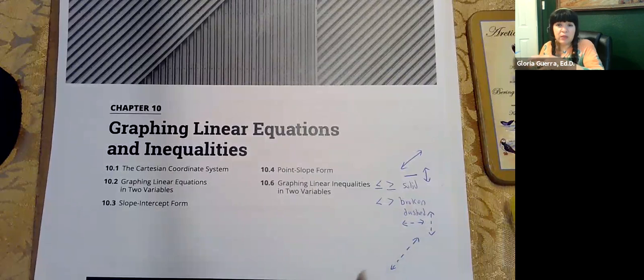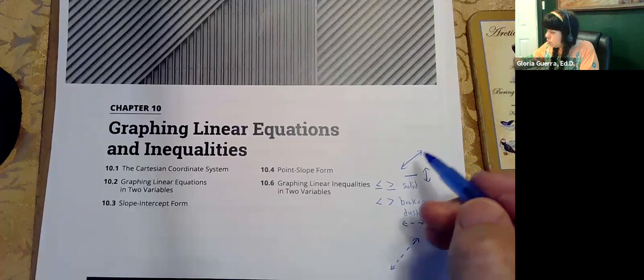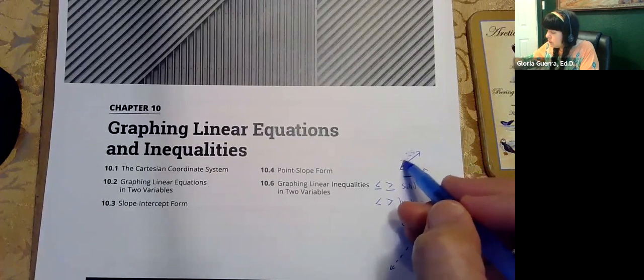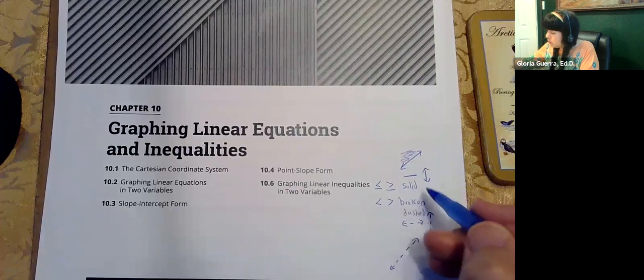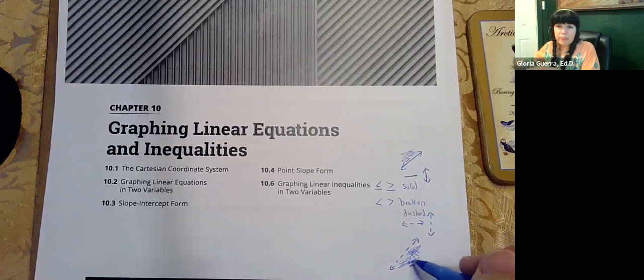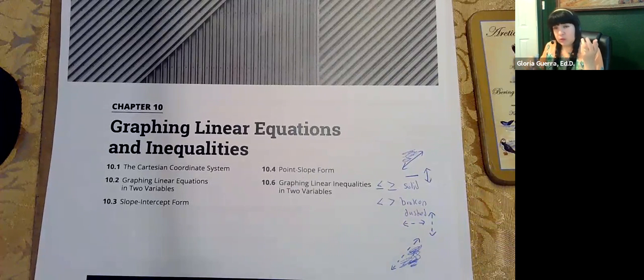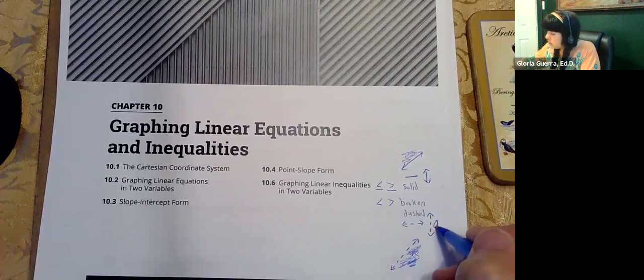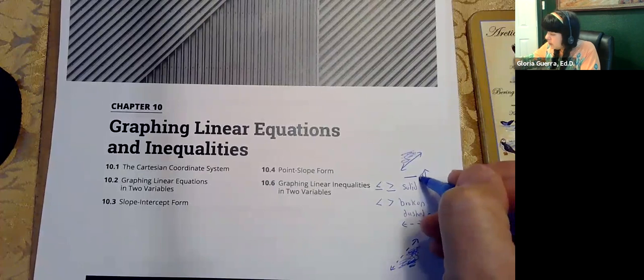But in the inequalities, you do shading. You shade on sides. So like maybe you shade on the top side, or maybe you shade on the bottom side. So that's how this 10.6 is going to go, graphing your lines, either solid or broken, and then shading sides, either top sides or bottom sides, or right sides or left sides.